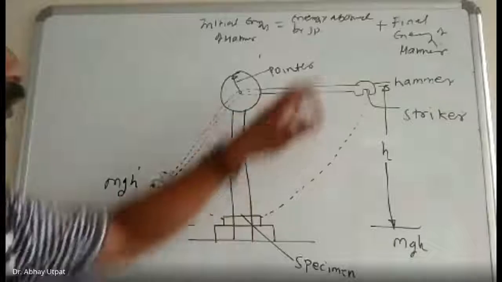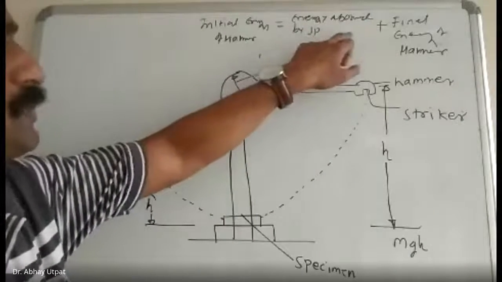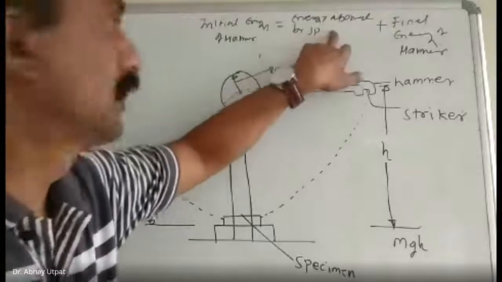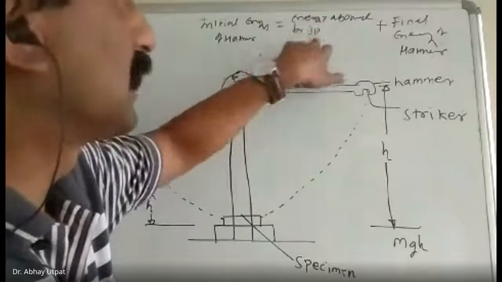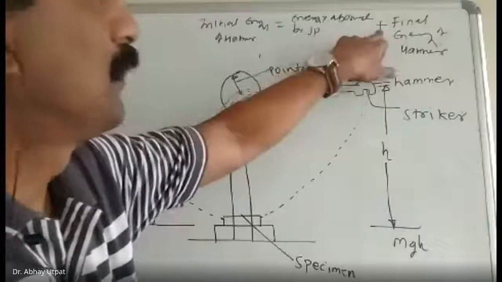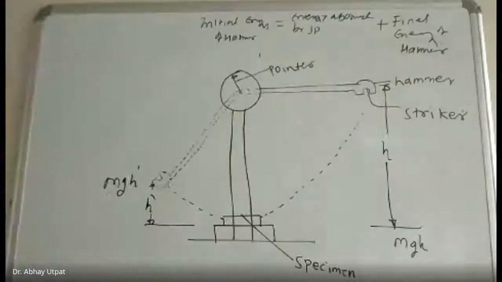Initial energy equal to energy absorbed by the specimen during breaking. That word is important. Energy absorbed by the specimen during breaking plus final energy of the hammer.